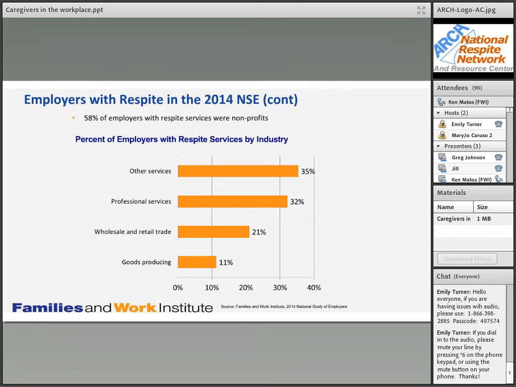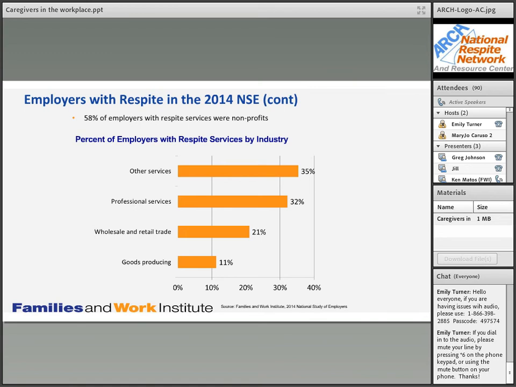In terms of the industries that are most invested in respite activities, 58% of the employers who had respite services were nonprofits, so a slight majority. We also saw that the respite services were most common in organizations that identified as being either professional services or other services.